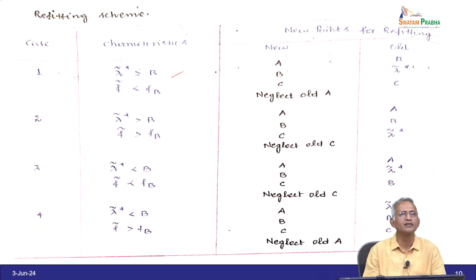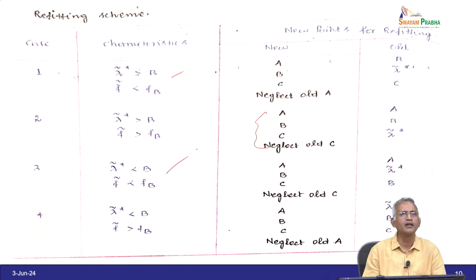For second case, lambda star tilde is greater than b and f tilde is greater than fp, corresponding a, b, c; neglect old c, therefore the old a, b tilde, lambda star comes.